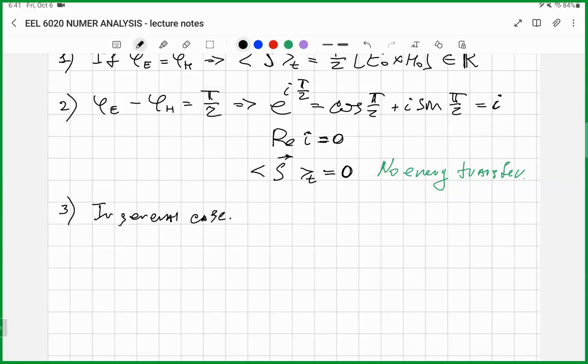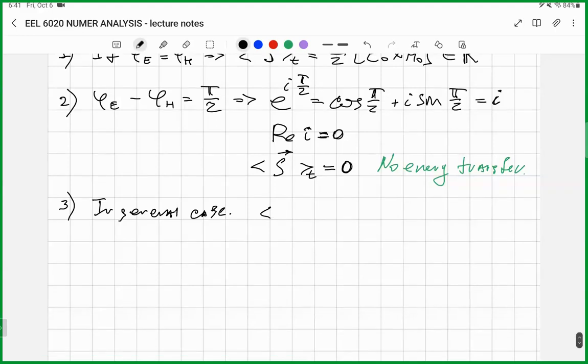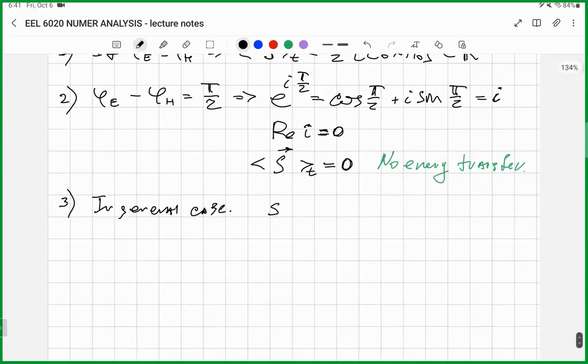And of course, for completeness, we can also say that in the general case, when the phase difference is neither 0 nor pi over 2, we would have the Poynting vector averaged over time, written as E cross H star, right? It will get two contributions: the real part and the imaginary part.